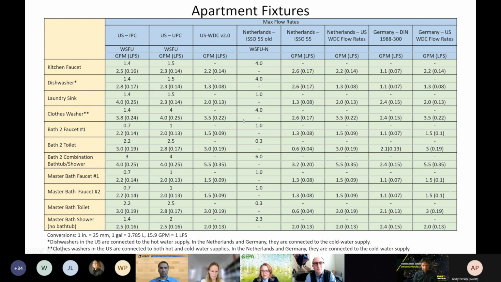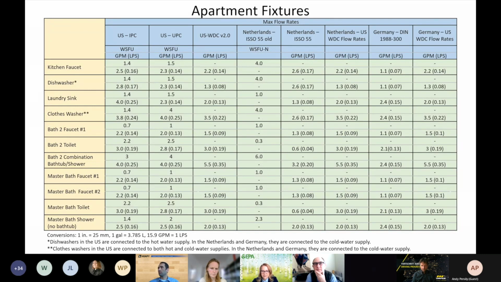For the Netherlands, we have the old ISSO 55 and the new version, and then we have the Germany approaches as well. And then along the different rows of this table, we're showing each of the different fixtures that's in the apartment, and then our input data about what the fixture unit values are or the flow rates associated with those.